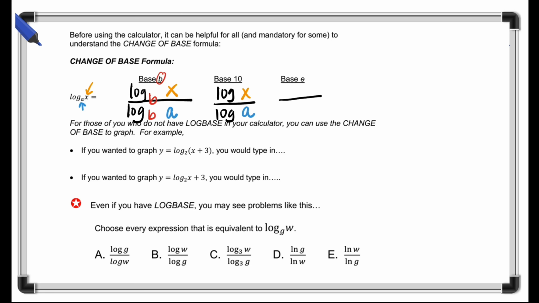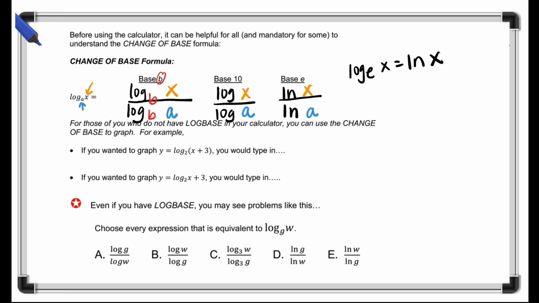You can also write with a base of e, but remember that the log base e of x is the same thing as our natural log. So we can have ln, and again, our numerator will have our argument and the denominator will have our base. So log base e is the same thing as our natural log.